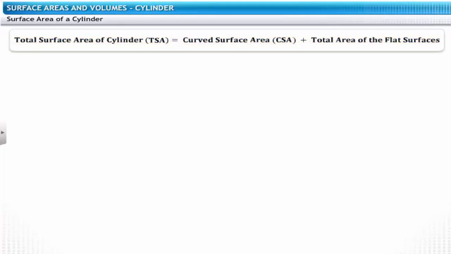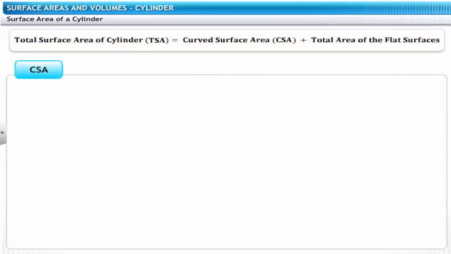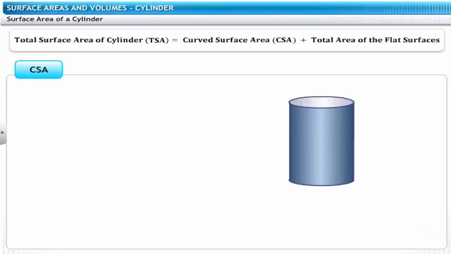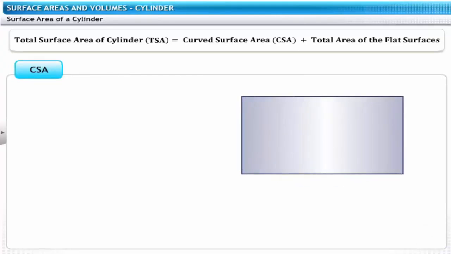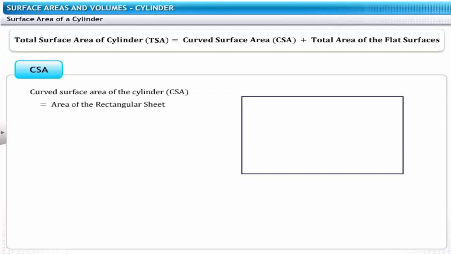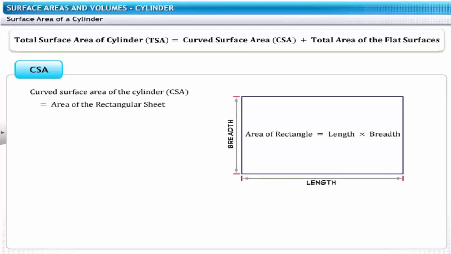Let us first determine the CSA. If we unfold the curved surface of a cylinder, it opens up to become a rectangular sheet. The CSA of a cylinder is equal to the area of this sheet. Area of a rectangle can be calculated as length multiplied by breadth. In this case, the length of the rectangular sheet is equal to the circumference of the base of the cylinder, which is equal to 2 pi r.